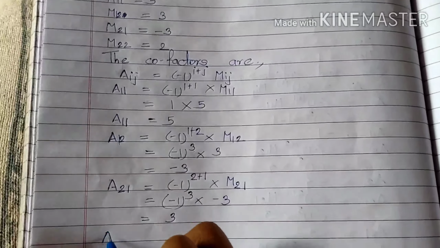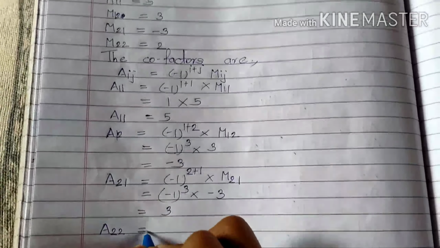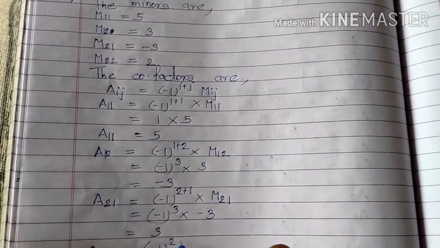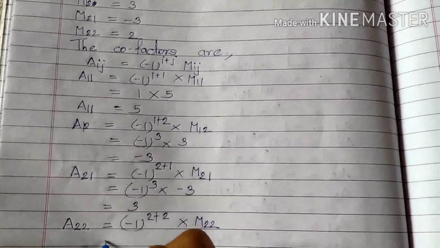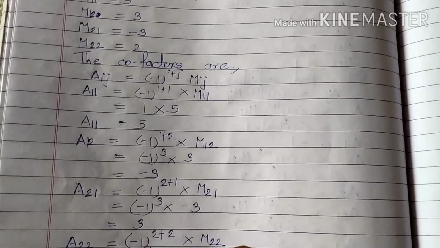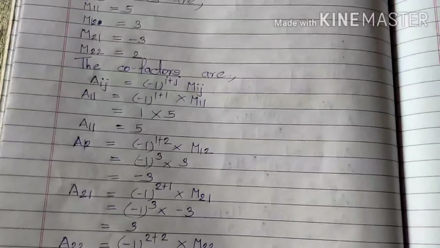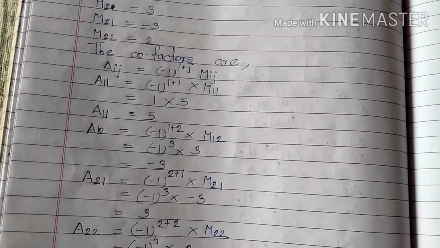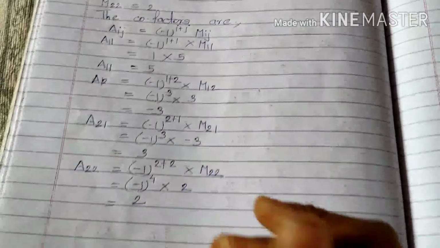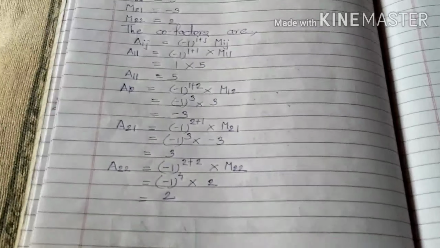And last, -1 raised to 4 is 1 and 1 into 2 is 2. So now we have to find cofactor matrix.